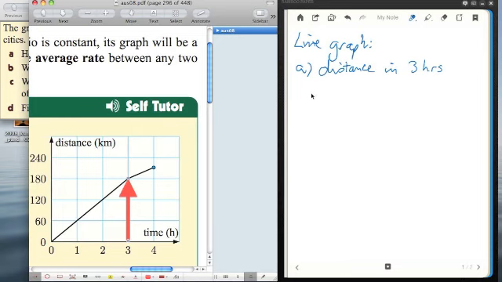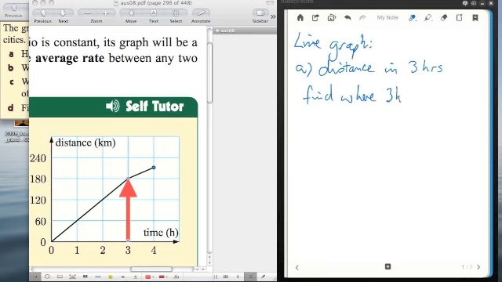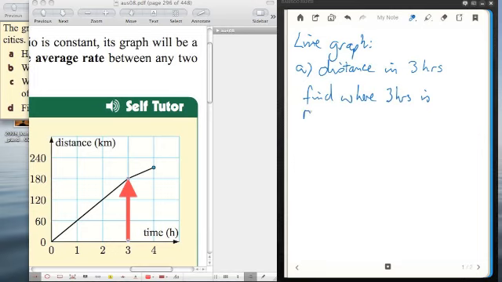So first thing, find where 3 hours is represented.